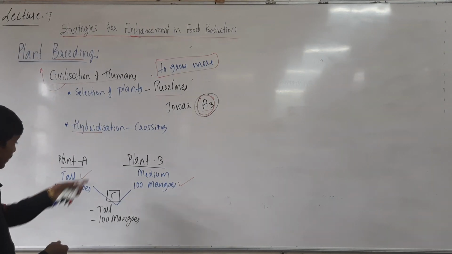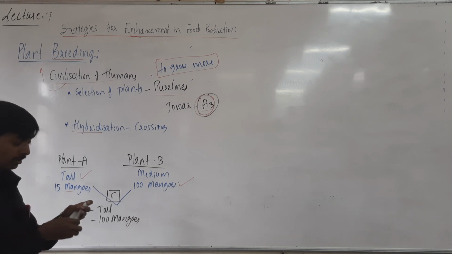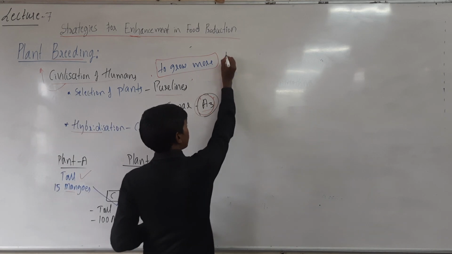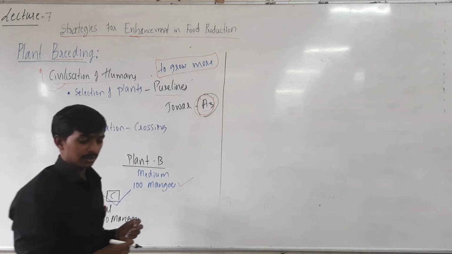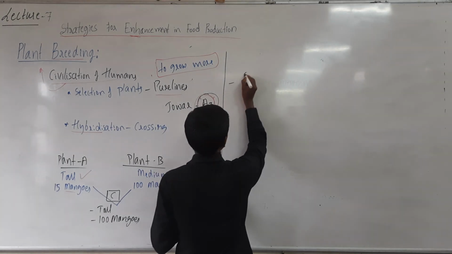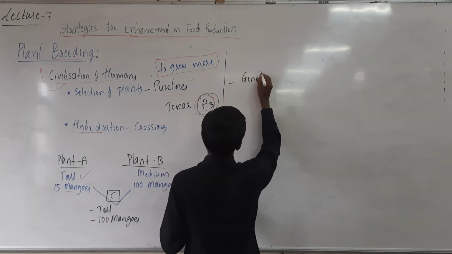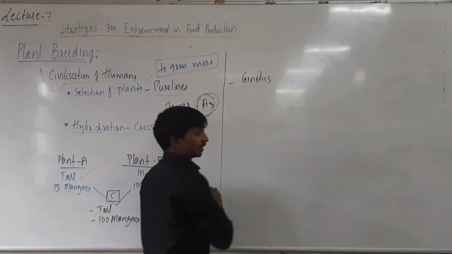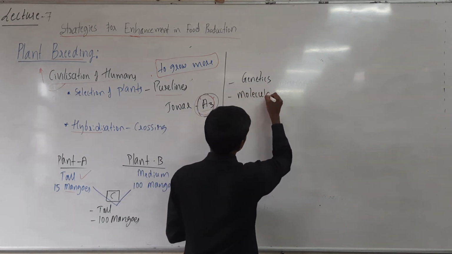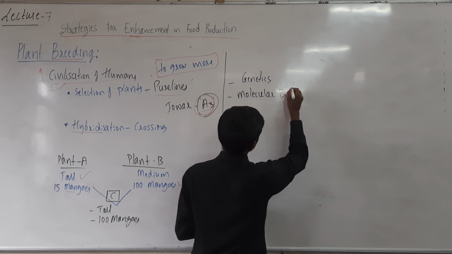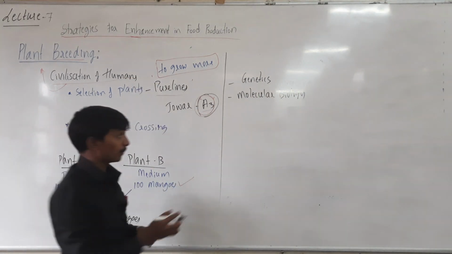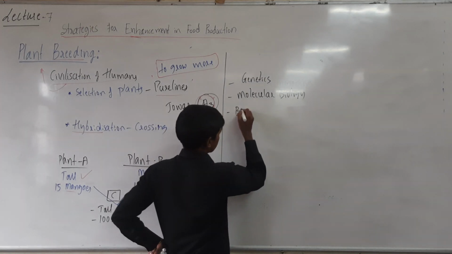Okay, so this has been used in today's agriculture. And also along with this, nowadays people are using many techniques like taking the help of genetics, molecular biology. Also, for plant breeding, they are taking the help of biotechnology.